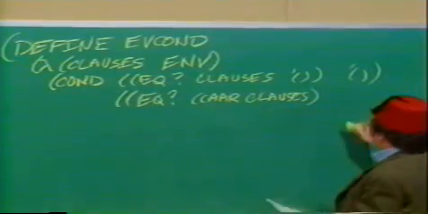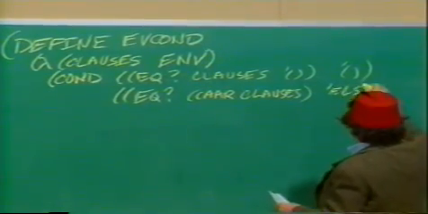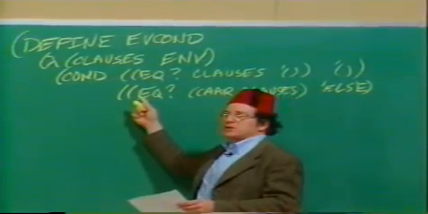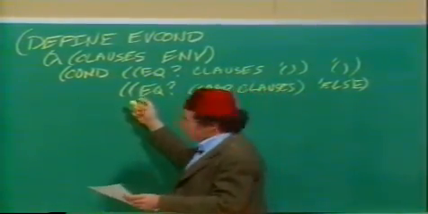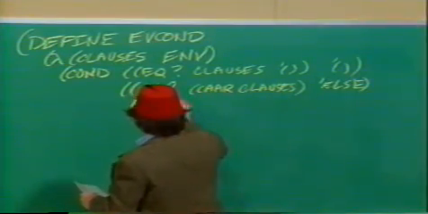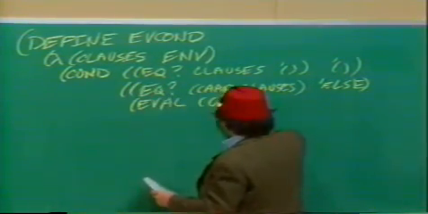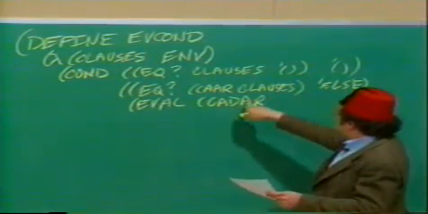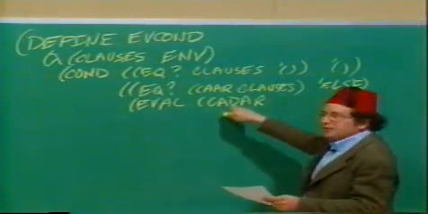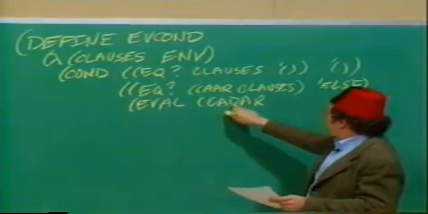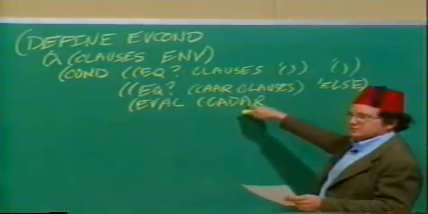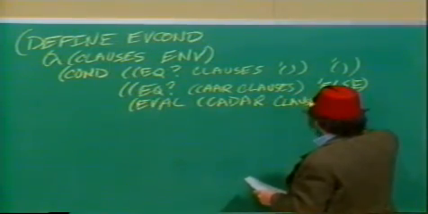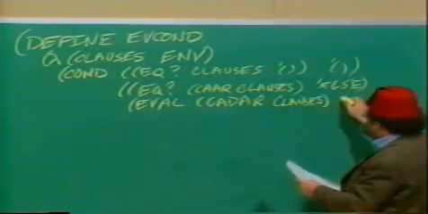If it's an else, then it means I want my result of the conditional to be the result of evaluating the matching expression. So I eval the cadr, so this is the first clause, the second element of it, cadr of the car of the clauses, with respect to the environment.